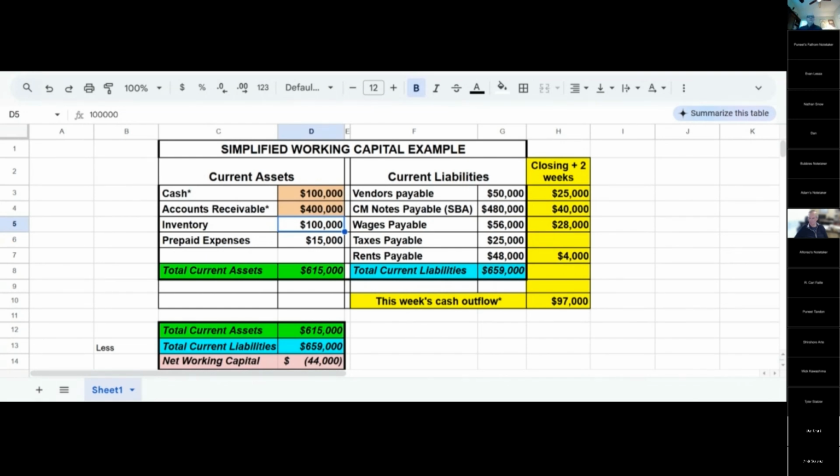There's a little bit of food for thought when it comes to negotiations. I don't recall exactly who it was that asked about this, but a common approach that we see often, and it can be perilous if you're not careful, is the buyer and seller agree to split receivables as of the closing date.